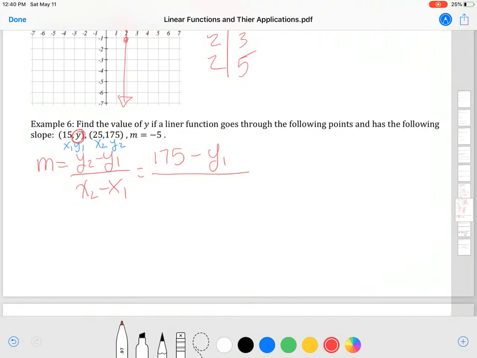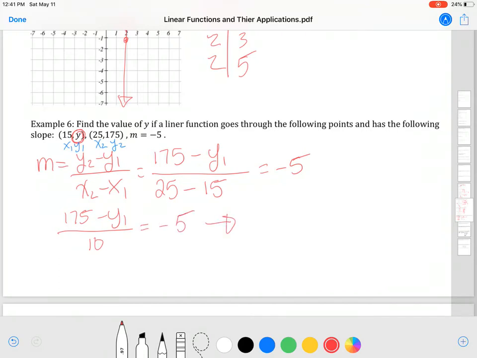And then my x2, which is 25, subtract my x1, which is 15, and that should give me a slope of -5. So when I clean this up a little bit, I have 175 minus y1 over, and then I have 25 minus 15, which is 10.